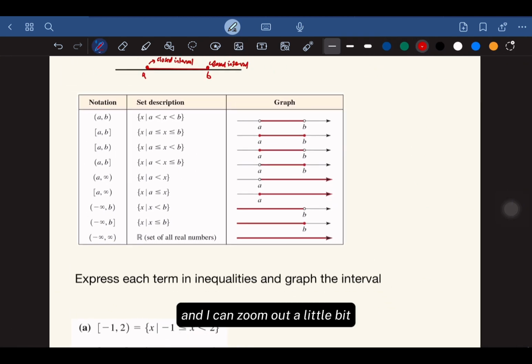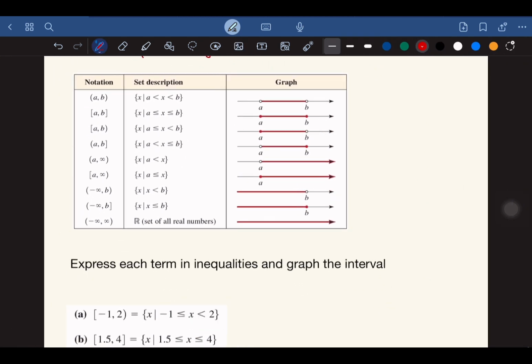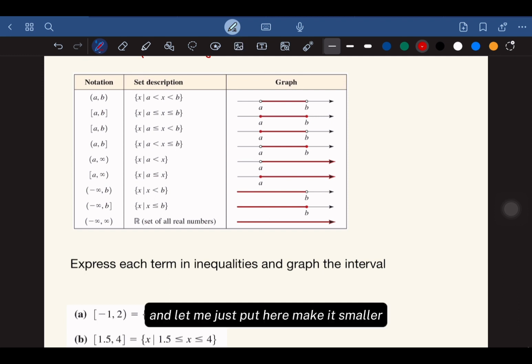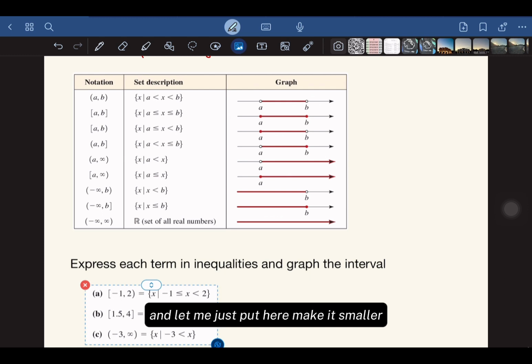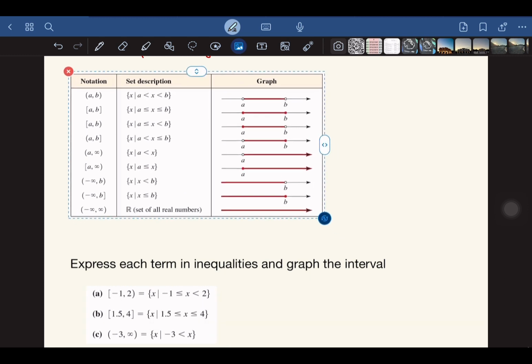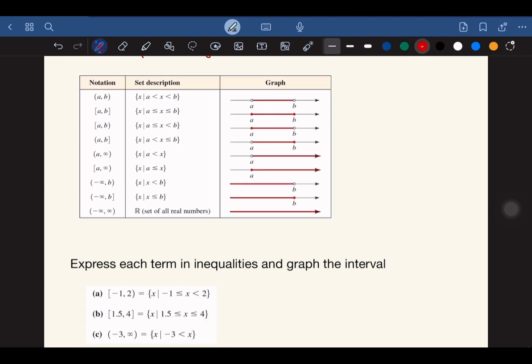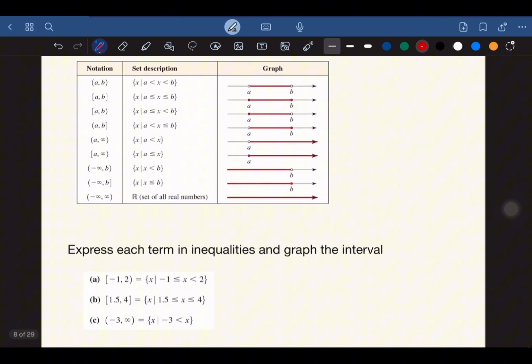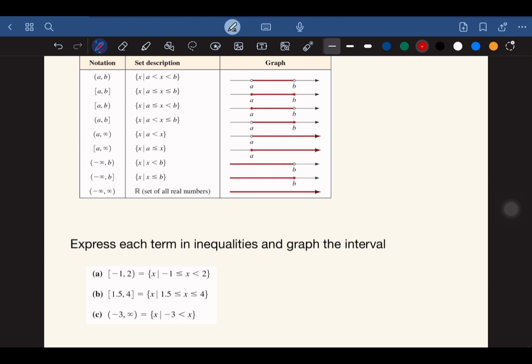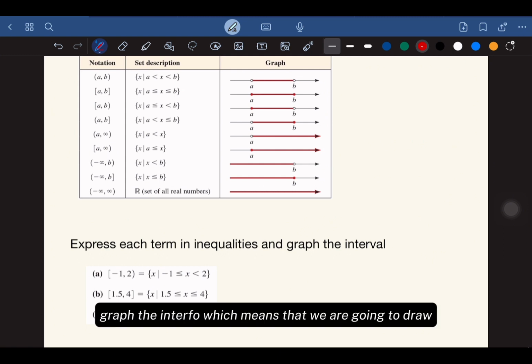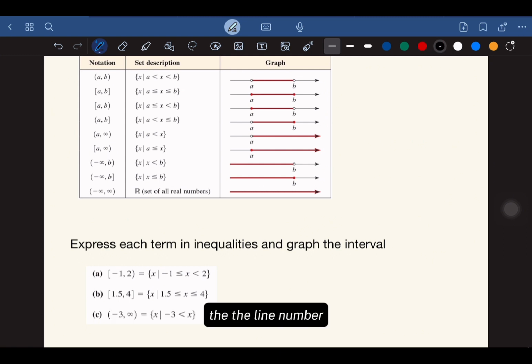And I can zoom out a little bit. And let me make it smaller.